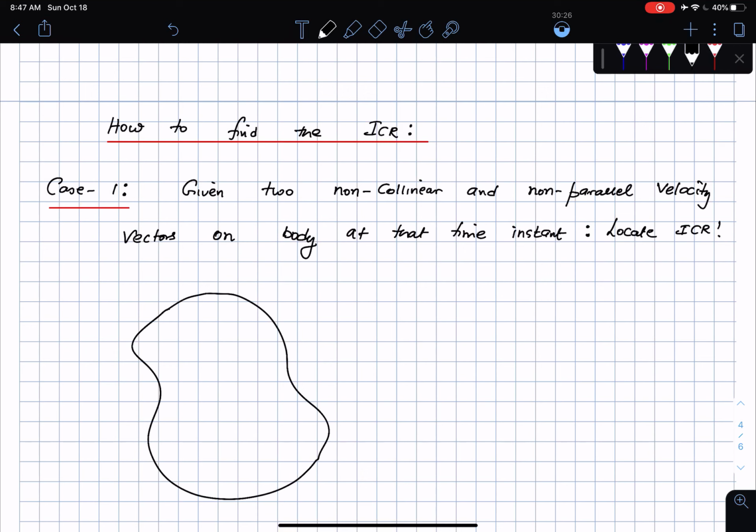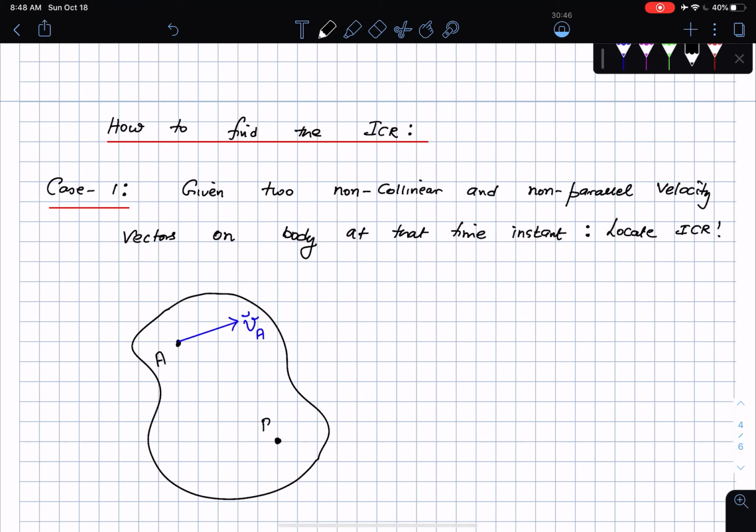I'm saying, hey, here is a point A, and the velocity of this point is given to me. So the velocity of A is known to me. Then let me say there is another point on this body that I have.